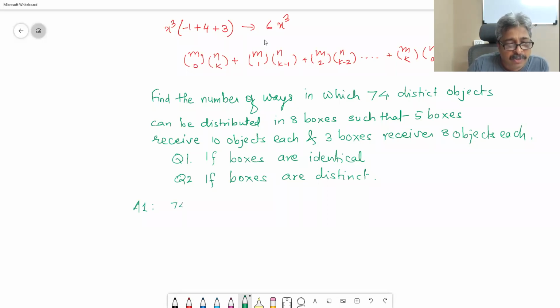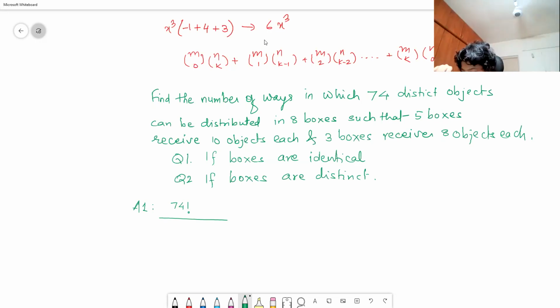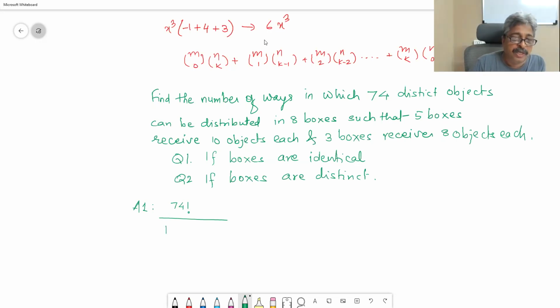I will explain later, so for now I will just write down the answer. There are 8 boxes, 8 objects in 3 boxes. Is that correct? Yes, sir. 10 objects each in 5 boxes, 8 objects each in 3 boxes, and 3 factorial and 5 factorial.